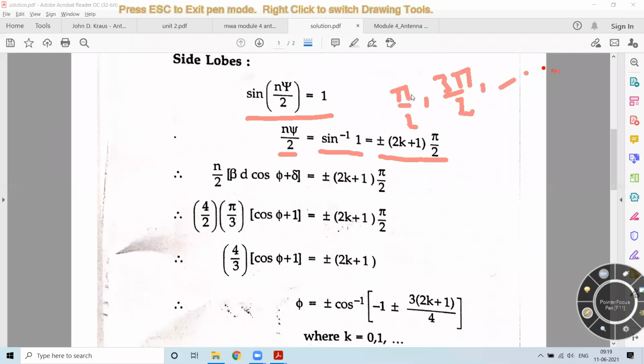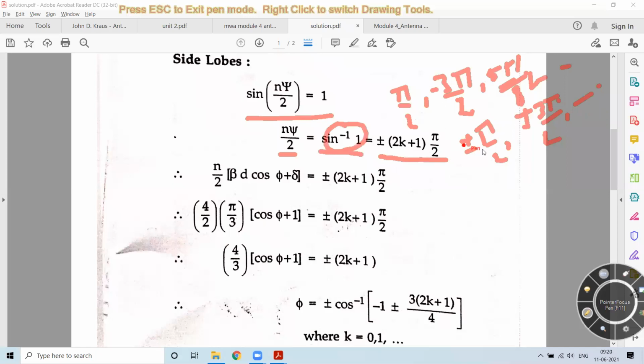So when we have this condition, suppose I want sine inverse, then this 3π/2 will be minus 3π/2. Similarly, next we have 5π/2 and so on. So what this specifies is that for plus minus 3π/2, and so on, this condition will be satisfied.